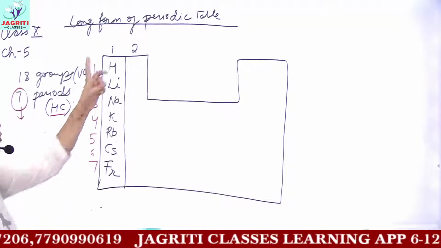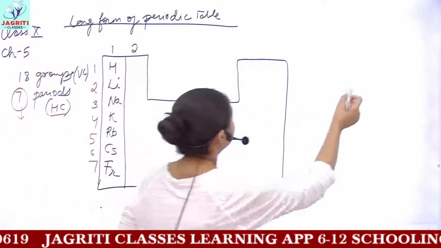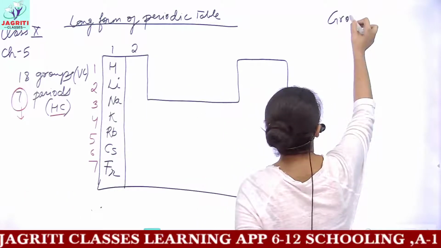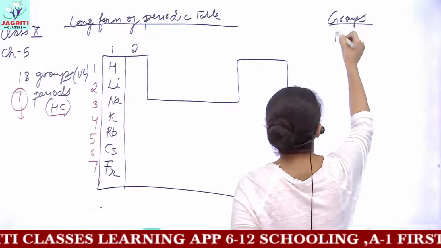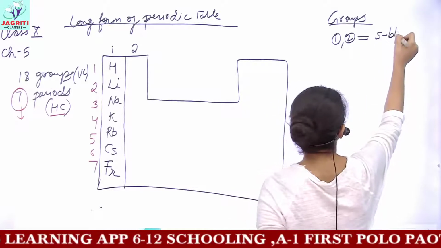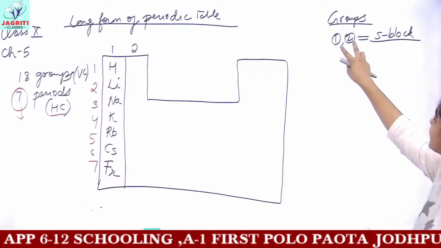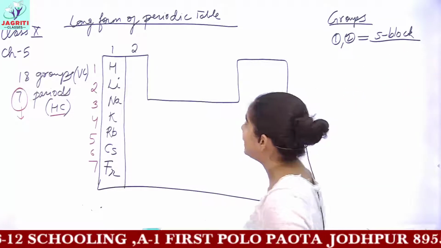We have two groups, the first and second group. I already told you that the first and second groups are called the S block. We'll study all this in detail.